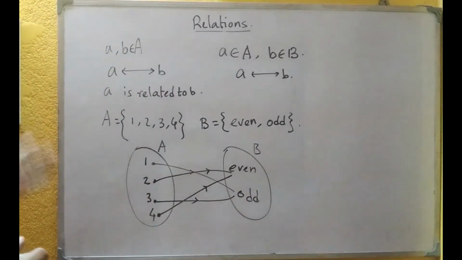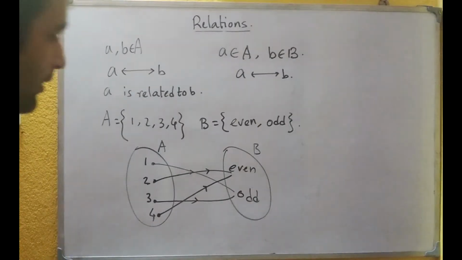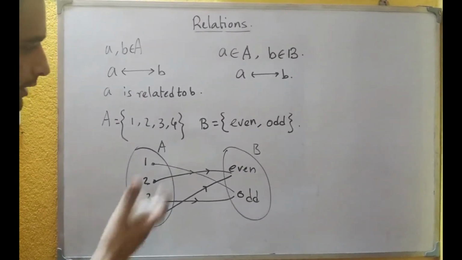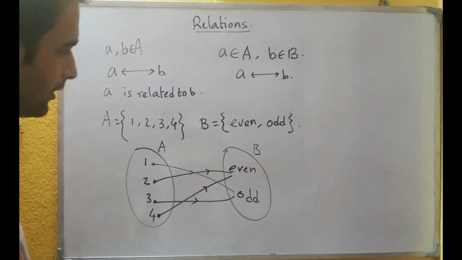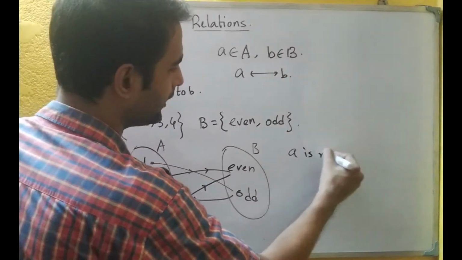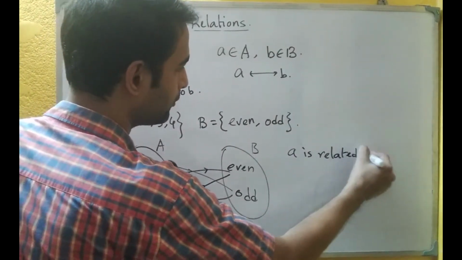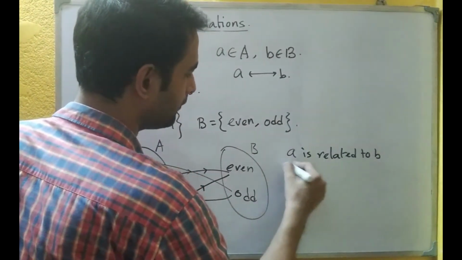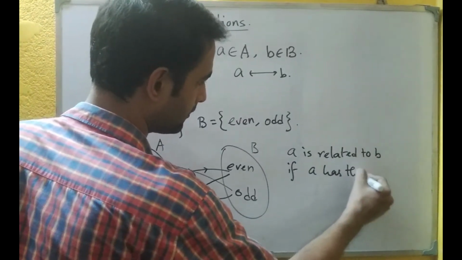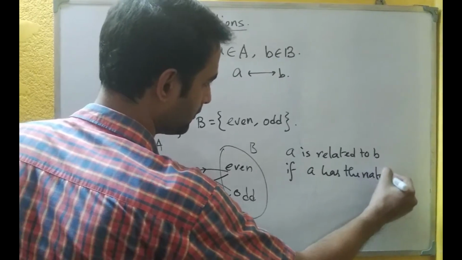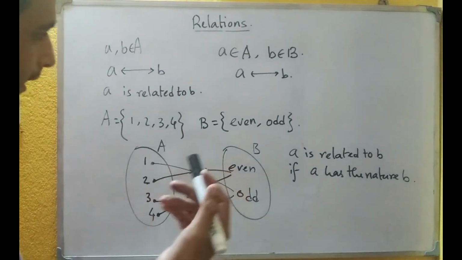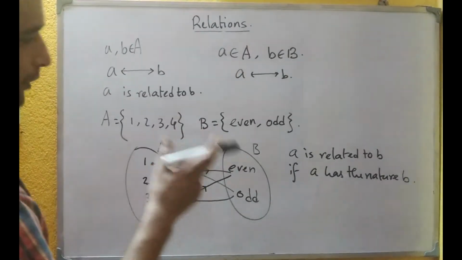So this is a rule, that is, the nature of the number that links the elements of A with the elements of B. So here we can say A is related to B if A has the nature B. That means if A is an even number, then A should be related to even.